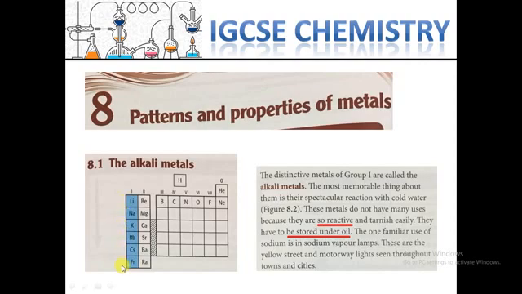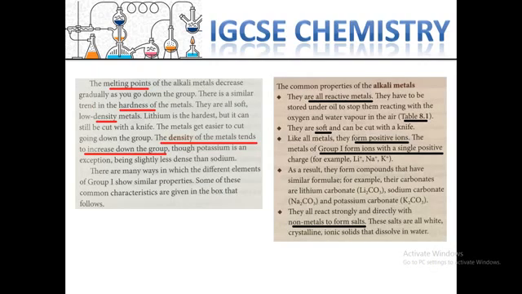When the atomic number increases, that means the atom is bigger, has more electrons, and has more protons. As we know, the density of the atoms or elements is related to the total of neutrons and protons in the nucleus.